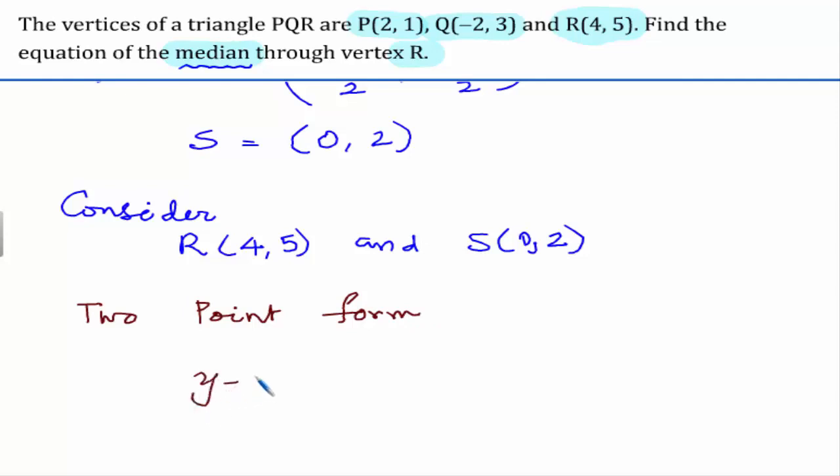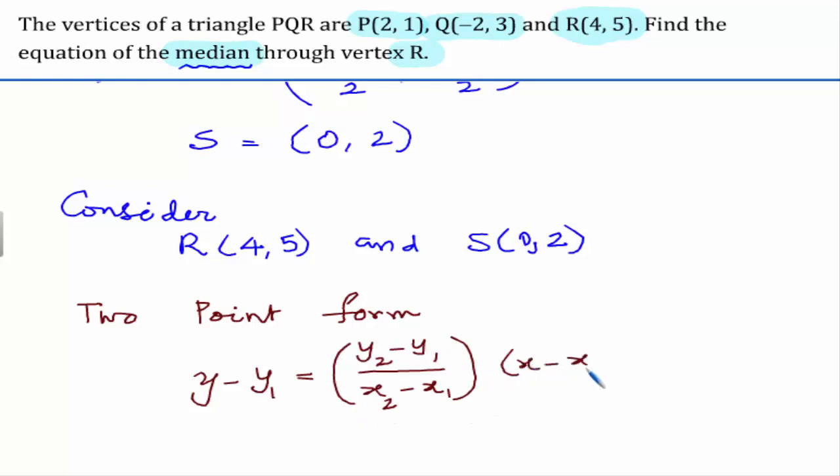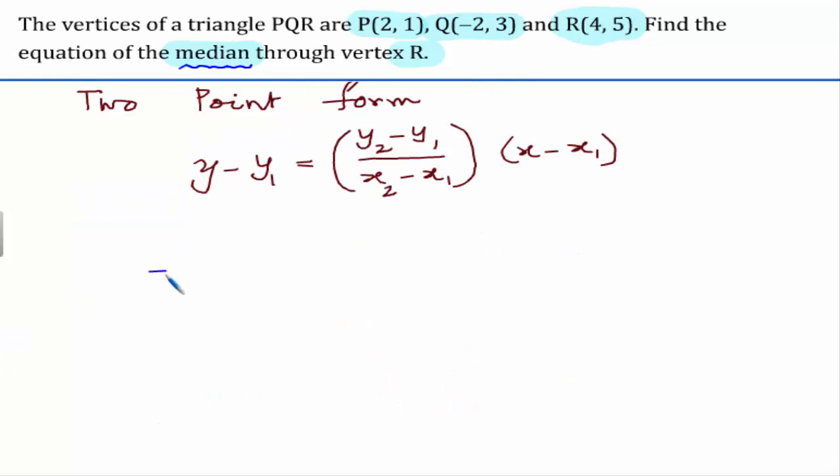It is y minus y1 is equal to (y2 minus y1) by (x2 minus x1) into x minus x1. Let us substitute the values. Here R is (4, 5), it's there on the top, and S is (0, 2).